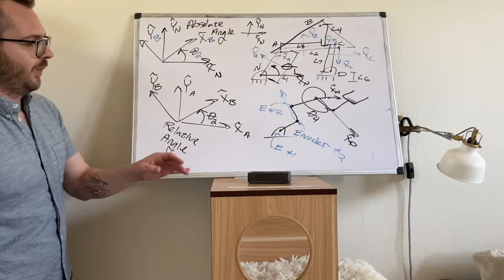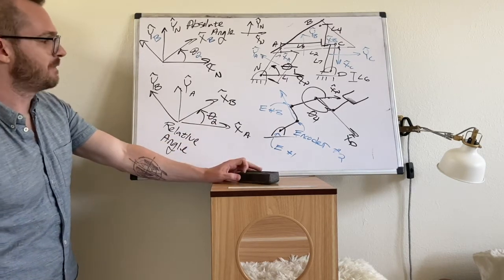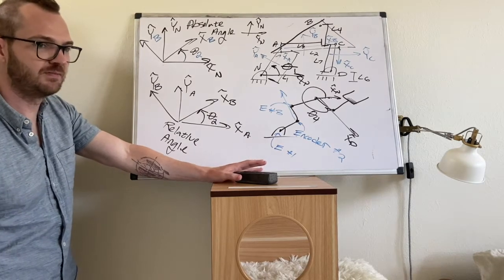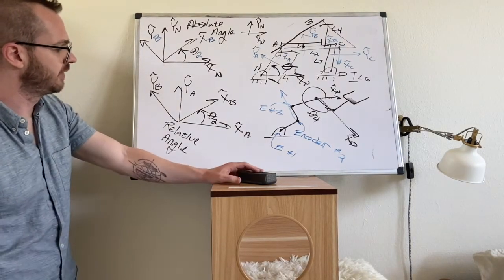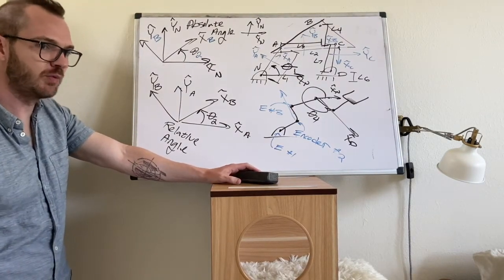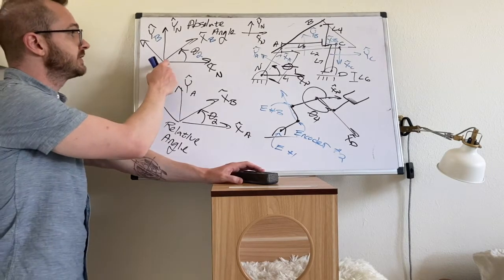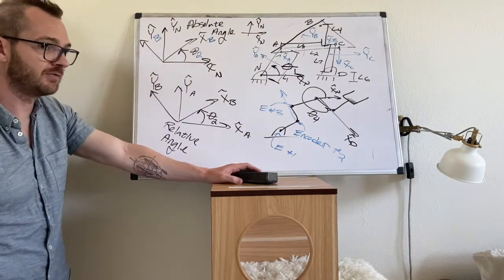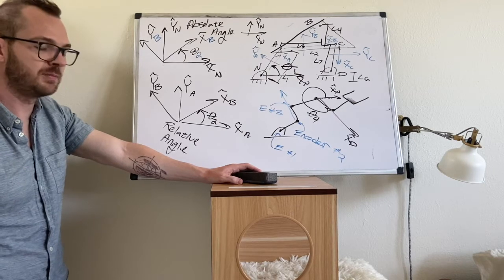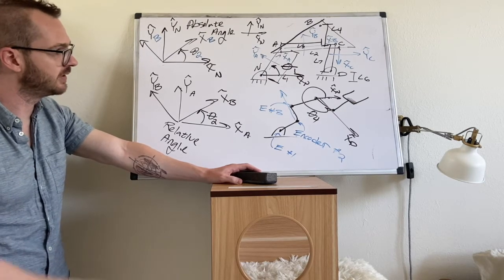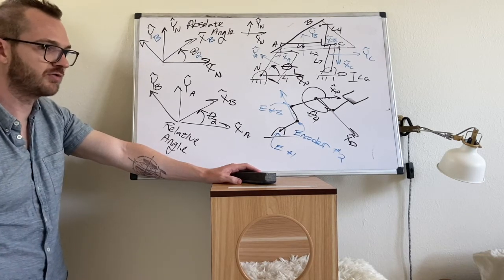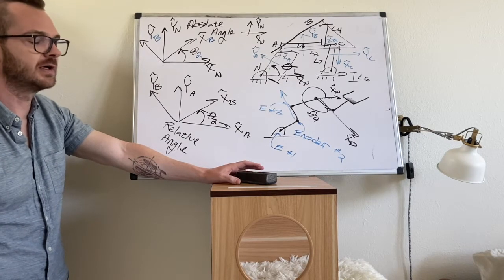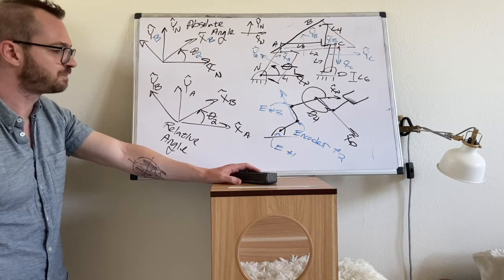Now, what are we going to do in this class? There will be times where I will use relative angles. By and large, especially when we get into velocities, I'm actually going to use these easier ones, absolute angles. The reasoning there is just because it's faster, and because in this little undergraduate course, we're only going to be doing mostly two-dimensional problems.